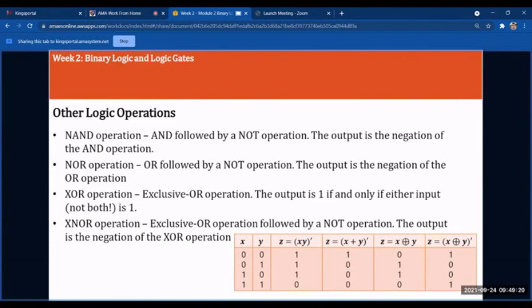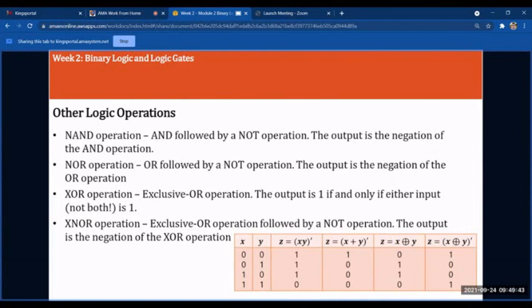Ang makukuha natin when we have 00 is 1. Then pag naman po 01, 1. Then 10, 1. Then pag 11 is 0, which is the complete opposite or complete negation of our AND.